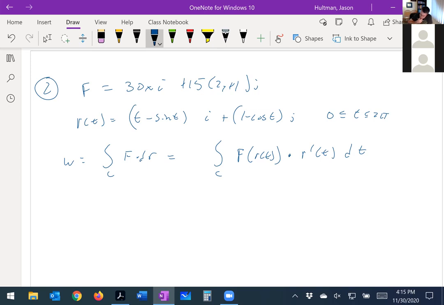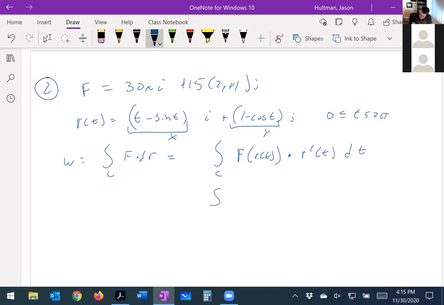Well, F of r of t. We know what x is and we know what y is. This is my x, and this is my y. So x is equal to t minus sine t and y is equal to 1 minus cosine t. I could just plug that directly in.